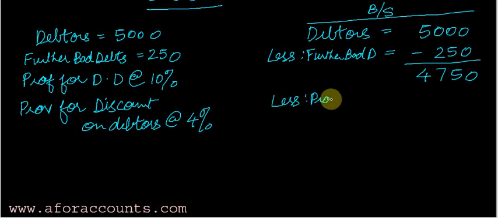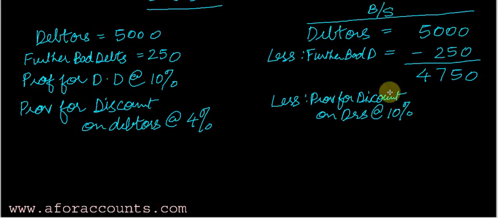Less provision for discount on debtors at the rate of 10%. Actually, this is provision for doubtful debts, because first I have to provide for doubtful debts, then I can do discount on debtors.